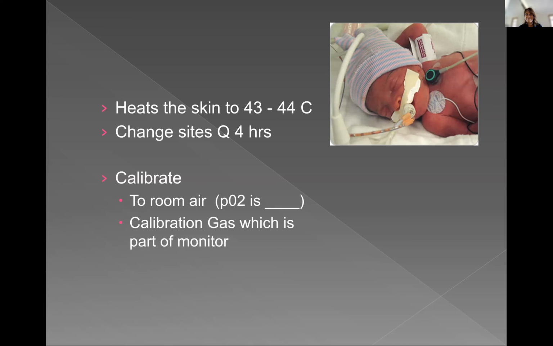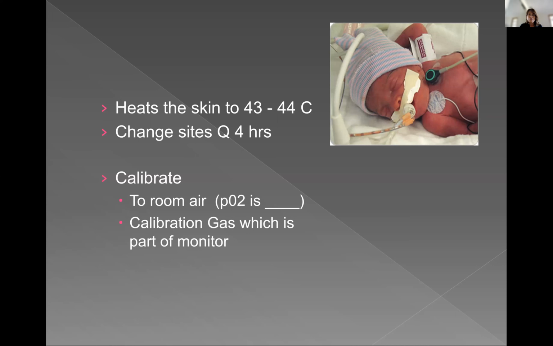I love your honesty. That's pretty cool. You Googled it? Okay. So yes, 159 point something or 160 torr. So when you're holding the electrode up to the room air, it should read 159, 160 torr.